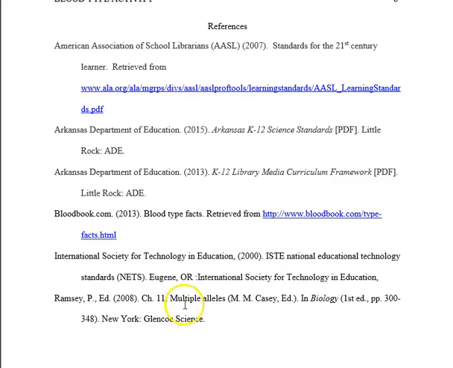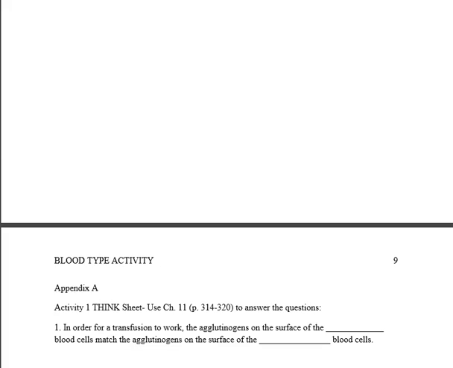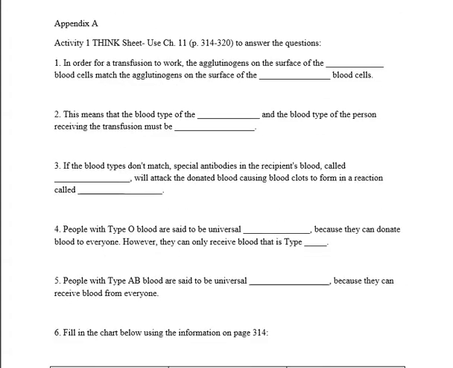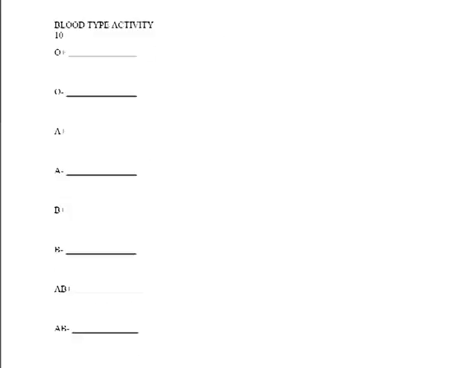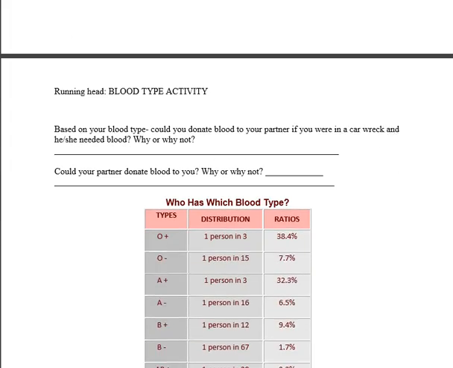So I included the Chapter 11 text from the textbook that the students would be using, the biology textbook, and also on my think sheet we included blood type facts from bloodbook.com. So if you keep scrolling down, Appendix A, here is Activity 1 part of the think sheet, and it scrolls down.